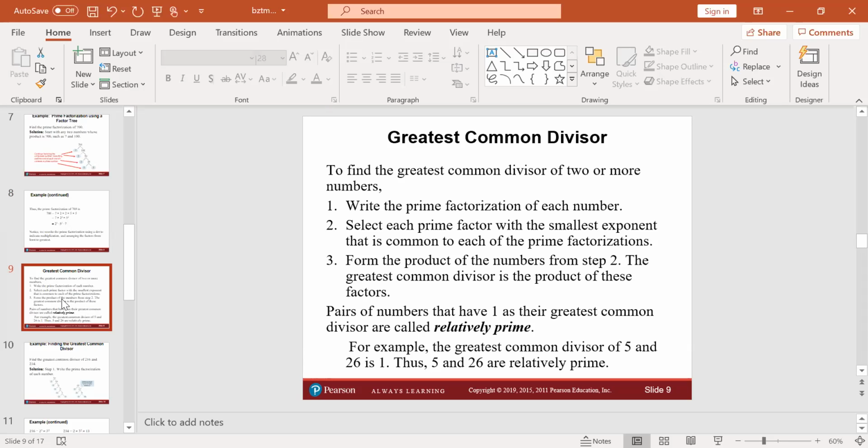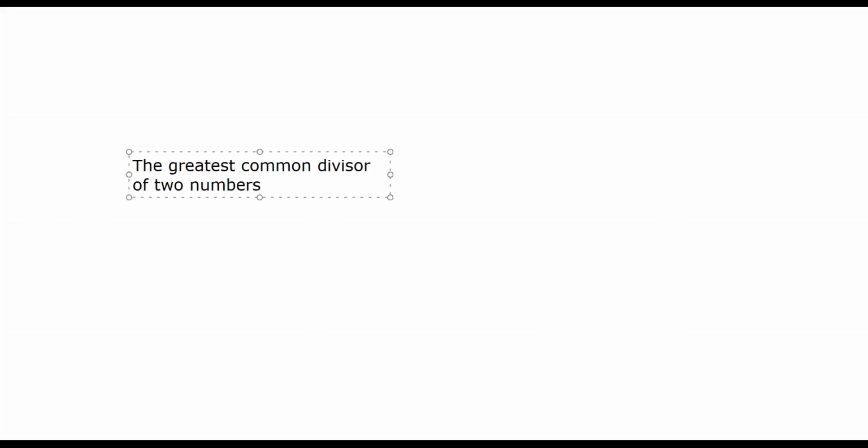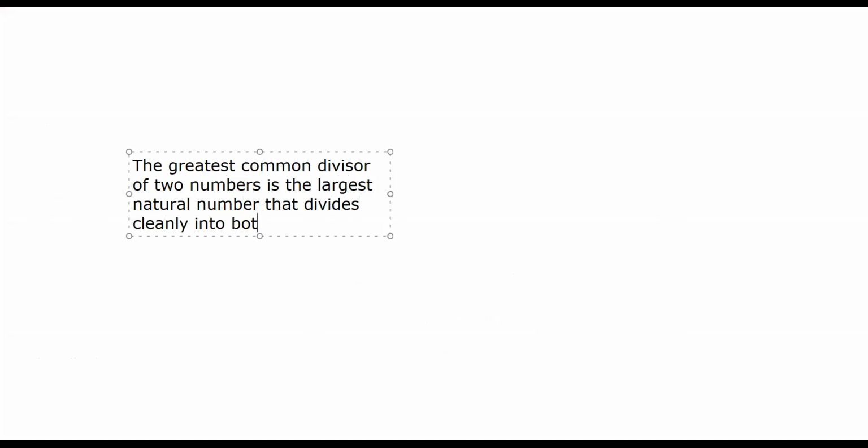Now, the greatest common divisor is exactly what it sounds like. The greatest common divisor of two numbers is the largest natural number that divides cleanly into both numbers.